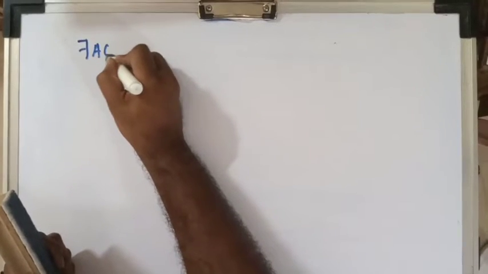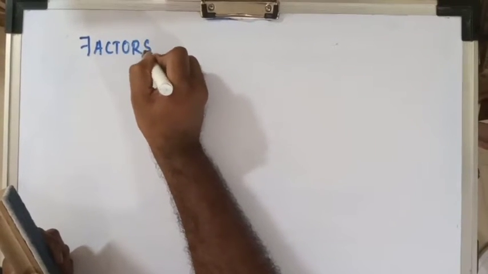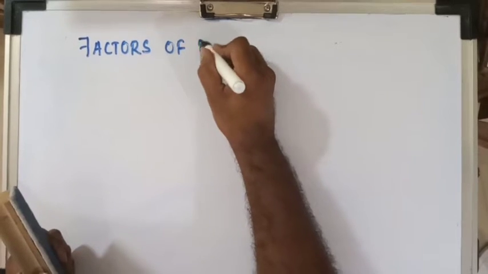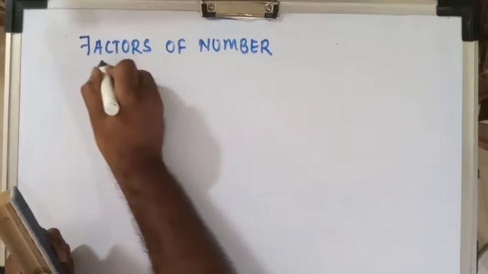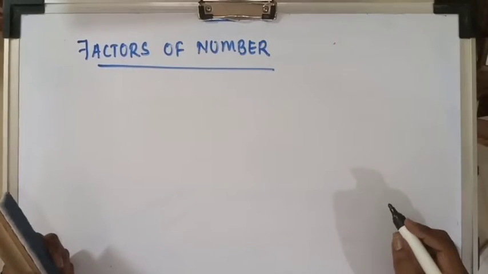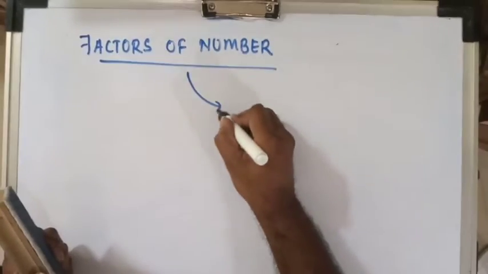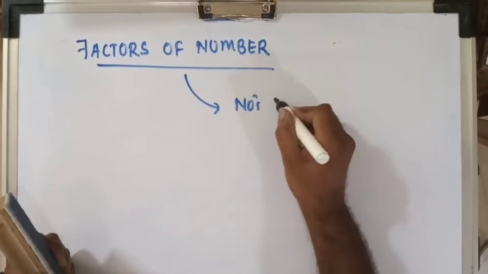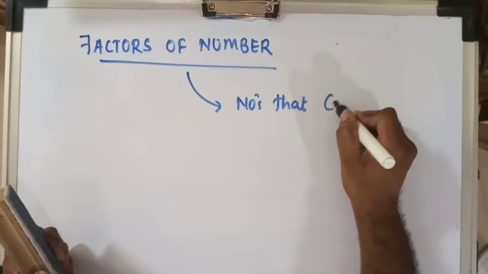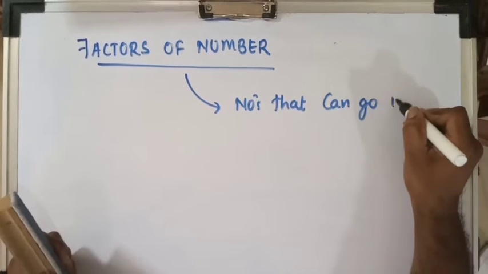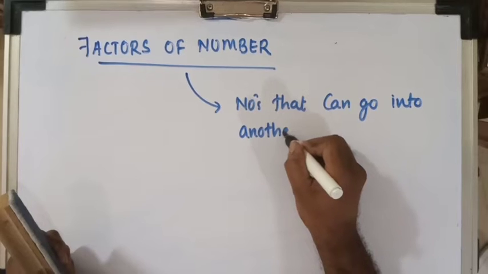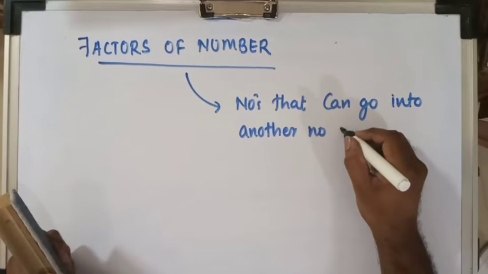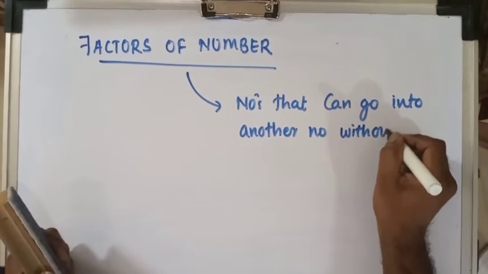And today what we are going to look at is the factors of numbers, a natural number, or you can say a whole number. So what are factors, children? Factors are nothing but the numbers that can go into another number without a remainder.